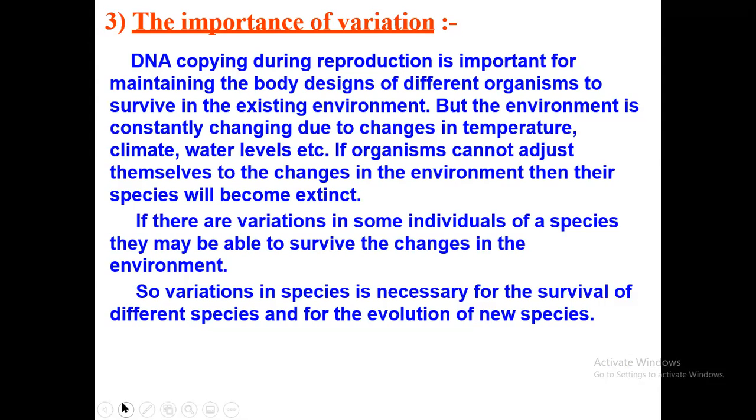If organisms cannot adjust themselves to the changes in the environment, then their species will become extinct. If there are variations in some individuals of a species, they may be able to survive in the present environmental conditions. So, variation of species is necessary for the survival of different species and for the evolution of new species.